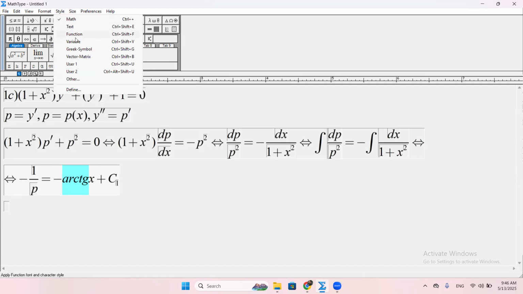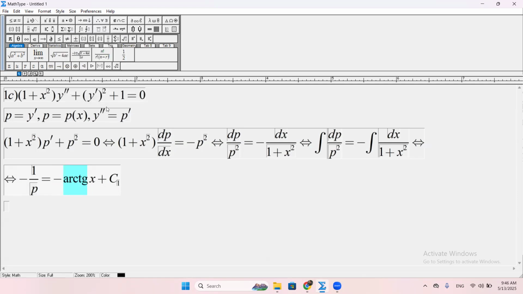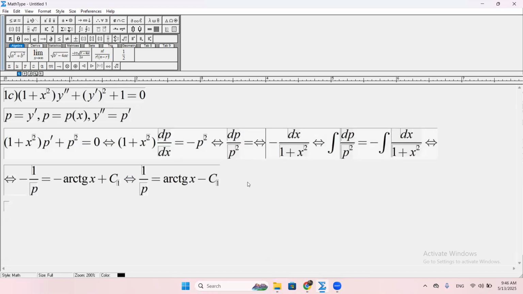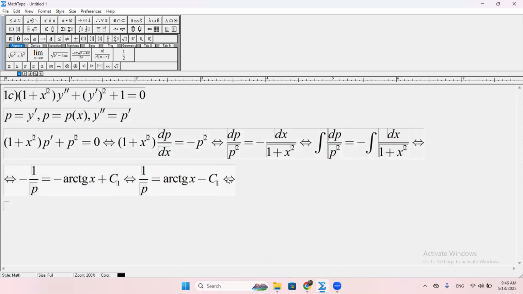We remember that we solve the initial equation with respect to y. So now finding p from this equation, multiplying by minus 1. p equals 1 over arctangent x minus c1.